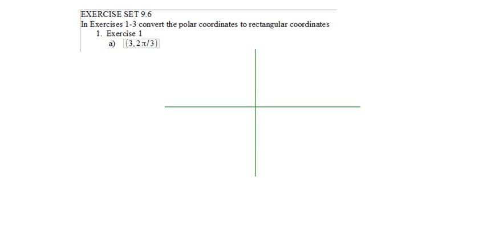So pi over 3 would be around 60 degrees, but we have 2 pi over 3, so we got 2 of those. So our angle is going to be somewhere over here, and of course the hypotenuse is going to be 3, and then the angle is going to be 2 pi over 3.